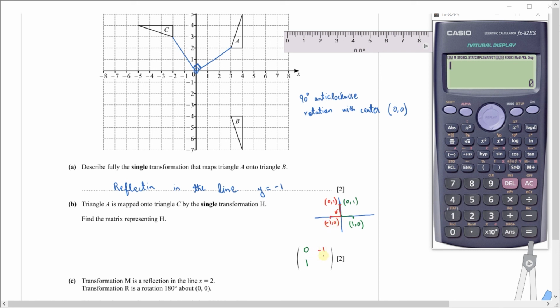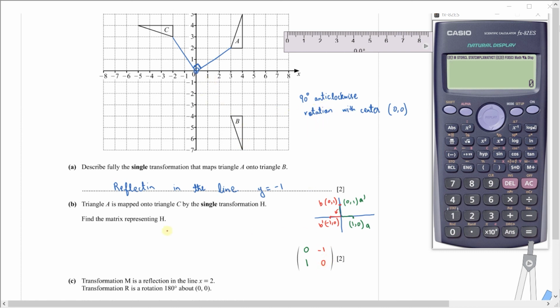So if I call this A, this will be A dash. If I call this B, this is B dash. So you write down the coordinates of A dash and B dash as column vectors to get the transformation matrix H.